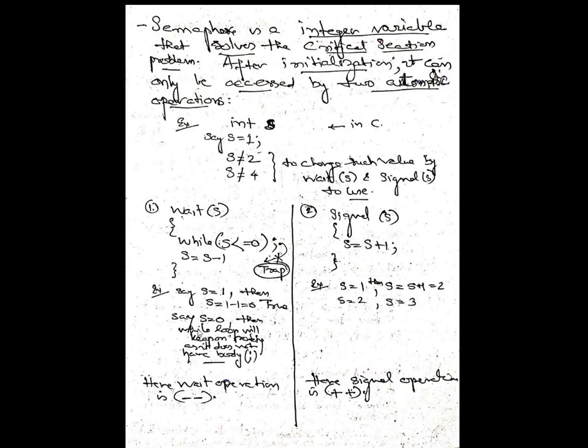Say S is equal to 0, then the while loop will keep on rotating as it does not have a body. So if S is less than or equal to 0, what will happen? This will keep on rotating. That means that particular process will be in the critical section. So whenever S is equal to 0, it will keep on rotating in this particular process. You keep this in your mind.